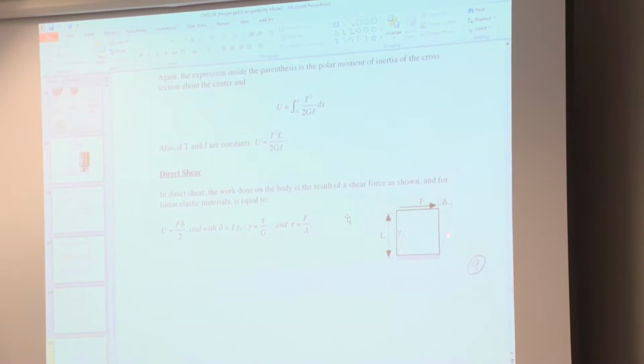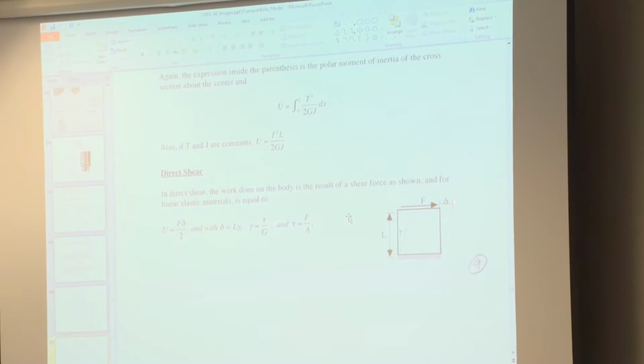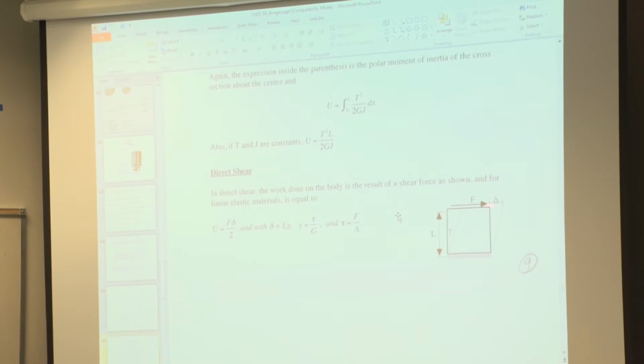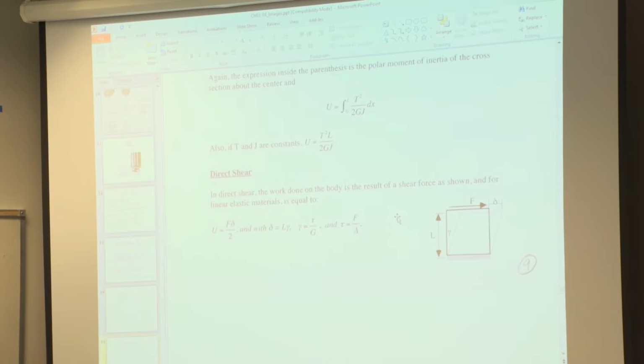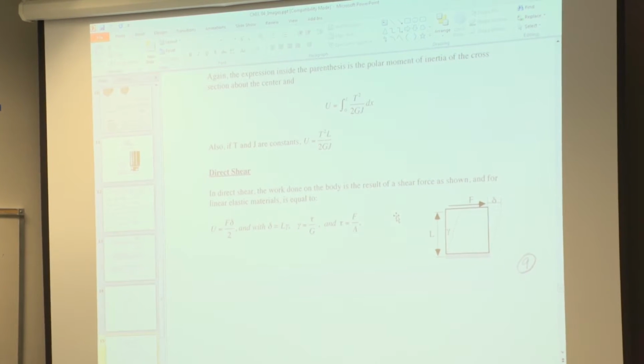If this is the deformed shape of the part, we can see that the force F has moved a distance delta in its own direction. Therefore, its work is the integral of F d delta, if you will, or F dx from 0 to delta. It is not F times delta.